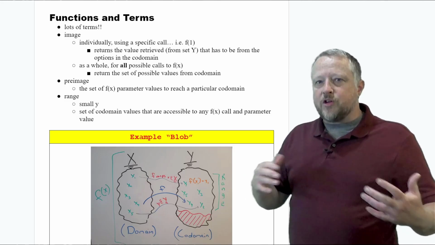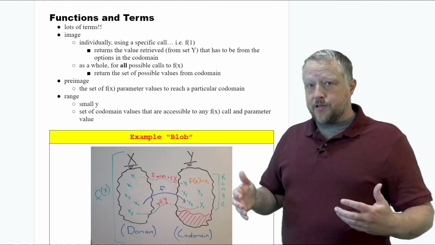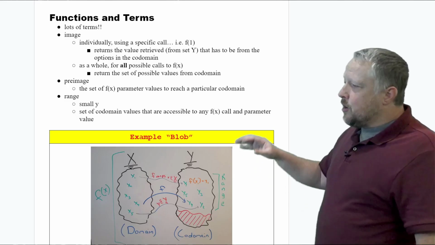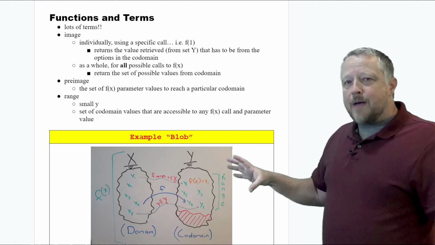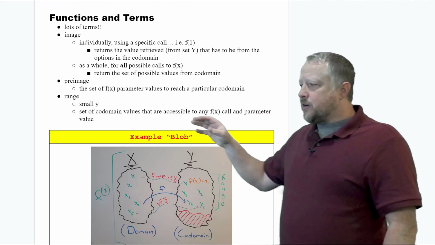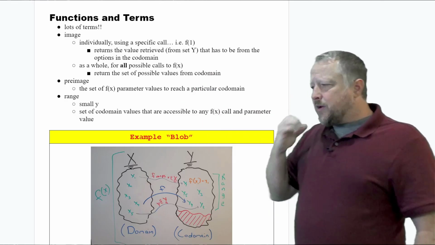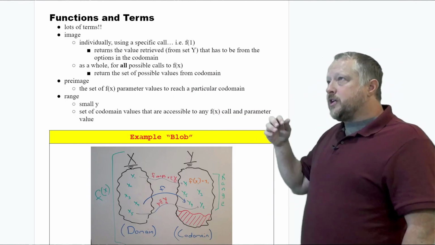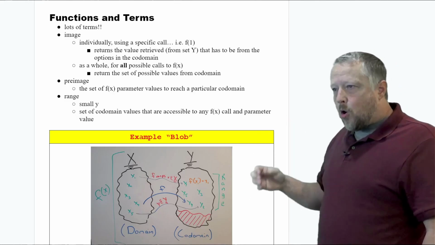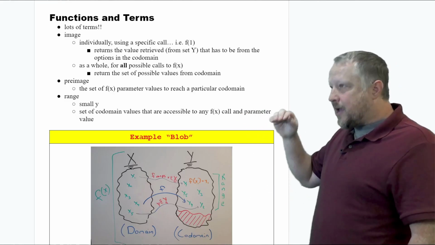Again, your other resources that you may look up may not be consistent, so just a heads up on that. Same image, same blob as we had before, but a couple different things here. Number one is image. An image is usually using a specific call. There's an individual and then there's the as a whole.